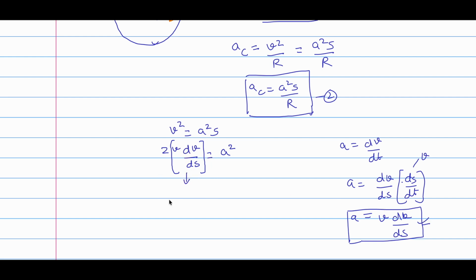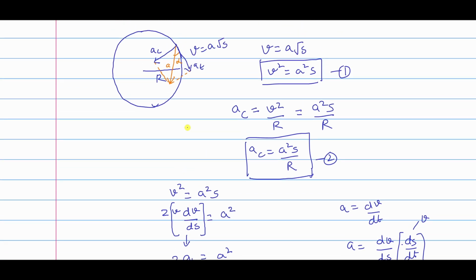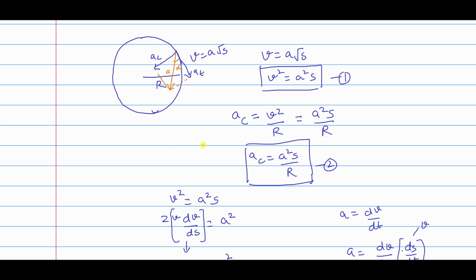You need to identify this expression as acceleration. So this is tangential acceleration. So 2 times tangential acceleration is equal to a square. This a is constant, so a tangential is equal to a square by 2. Okay, we know both of these accelerations now, so we can easily find the angle alpha.